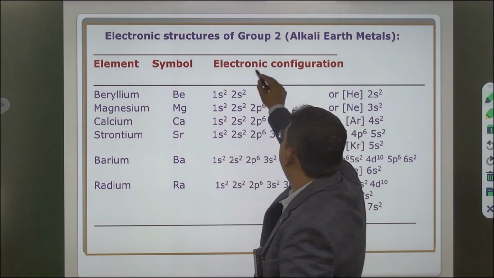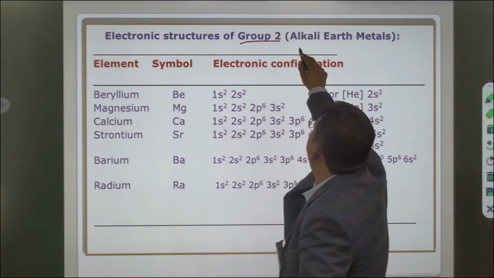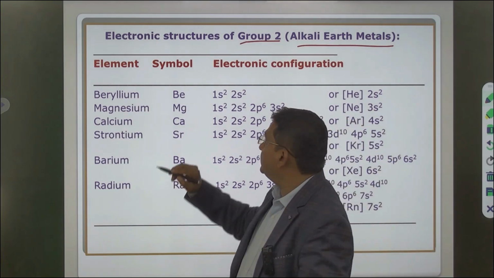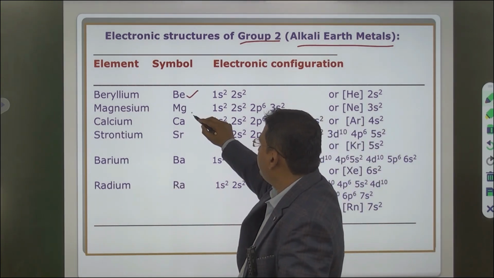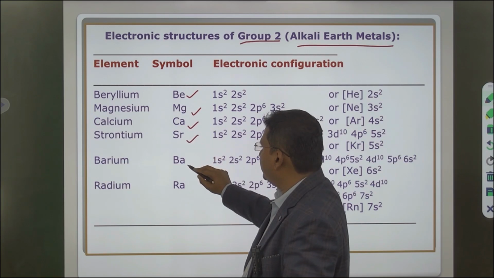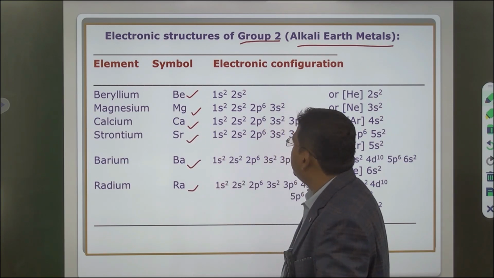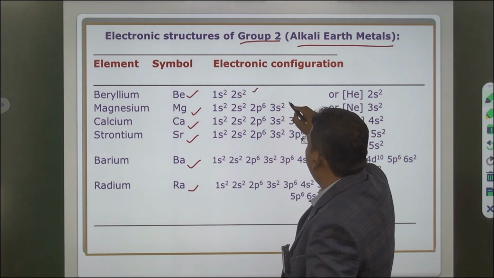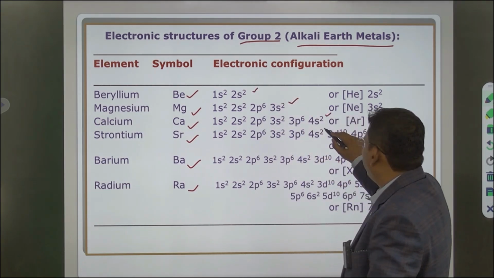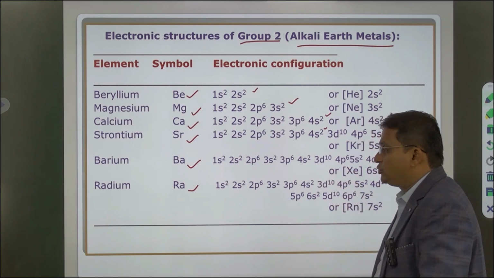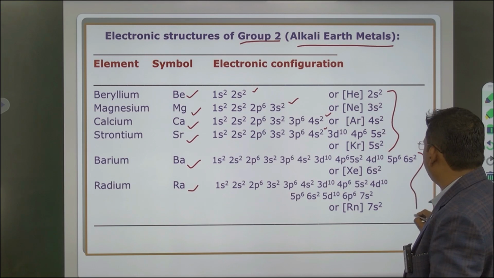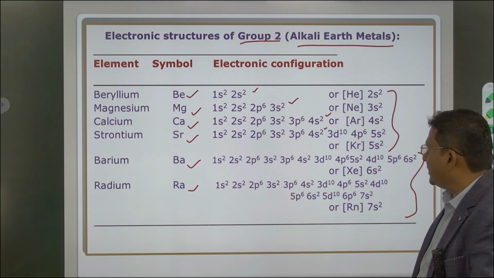Another group is group 2, alkaline earth metals. Here we learn beryllium, magnesium, calcium, strontium, barium and radium. In their electronic configuration, the valence shell has s2 electrons.